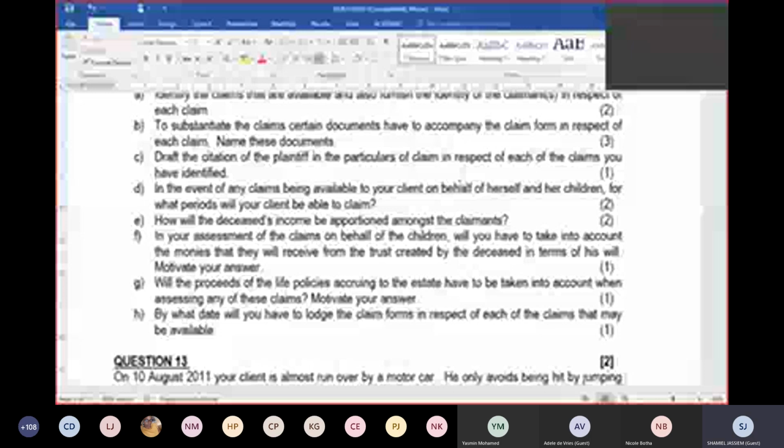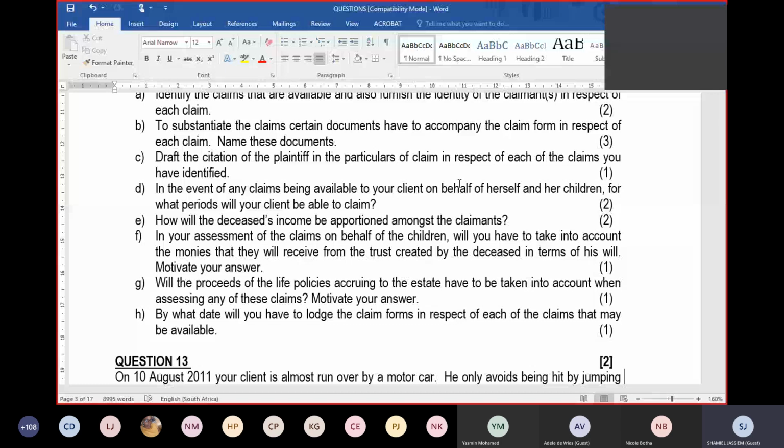The reason for that is, in terms of the Assessment of Damages Act, inheritances are excluded. So that amount that they would be receiving in terms of the trust to be created will not be taken into consideration.